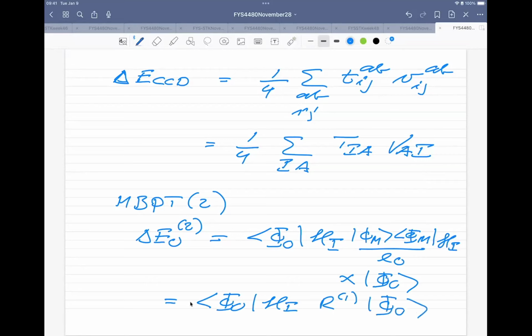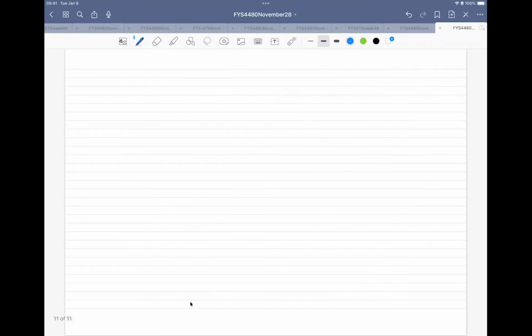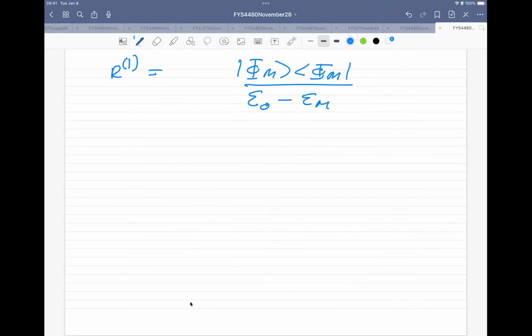So that wave operator to first order, if you look at the expression for that, this R1 is nothing but phi of m, and then we had E0 minus En multiplied with the interaction multiplied with phi 0.